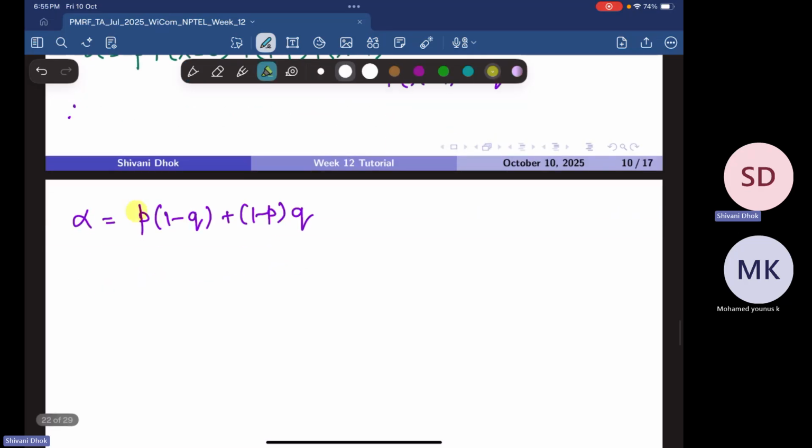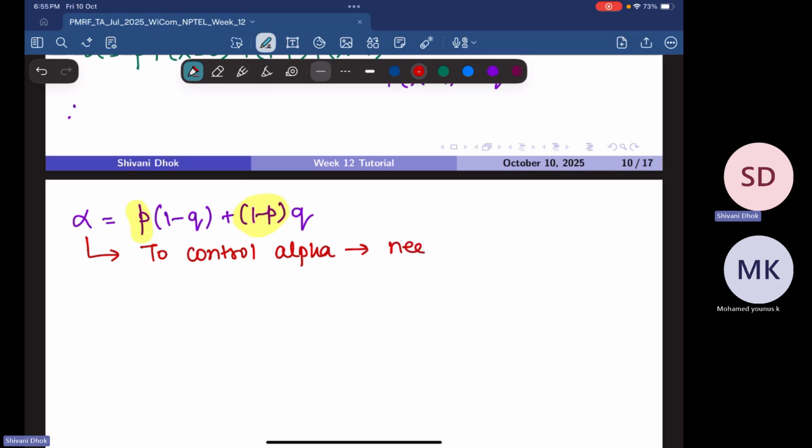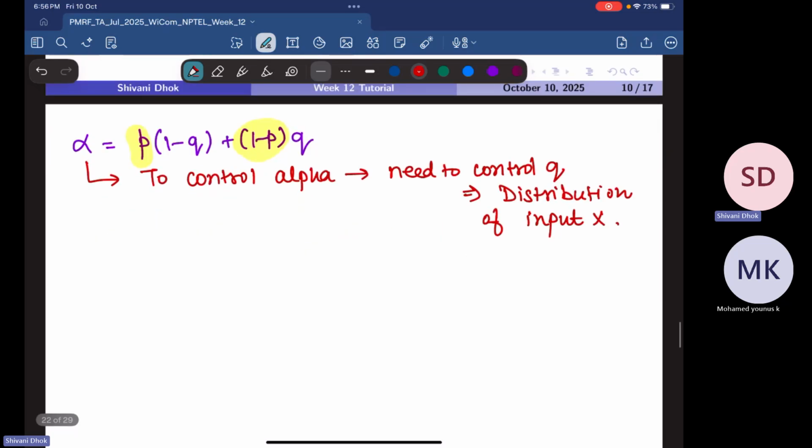Again, you don't have control over this p, so this is not in your hand. To control alpha, we need to control q, which is the distribution of your input x. Okay, so this is how things go.